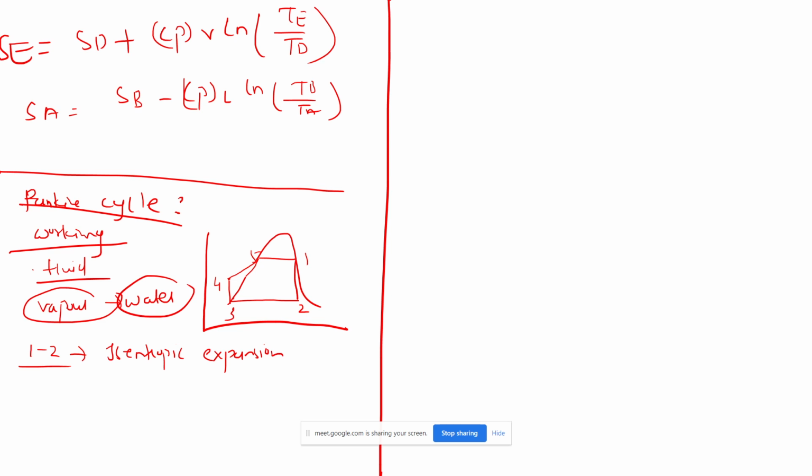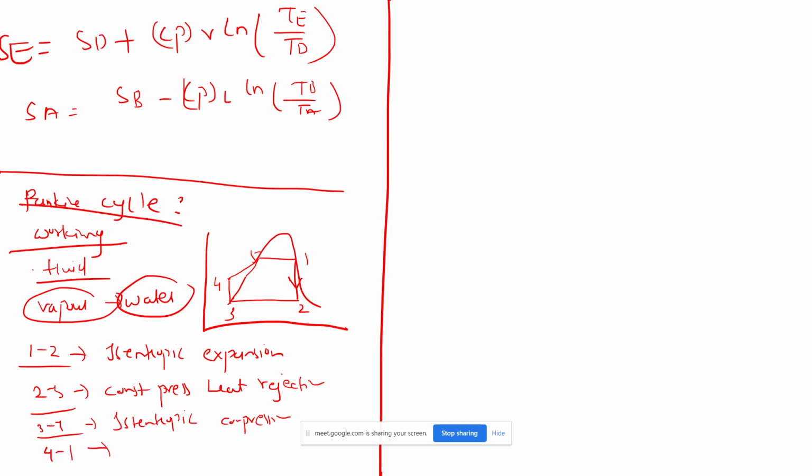So from 1 to 2 isentropic expansion will take place, from 2 to 3 constant pressure heat rejection will take place, from 3 to 4 isentropic compression, and from 4 to 1 constant pressure heat addition.